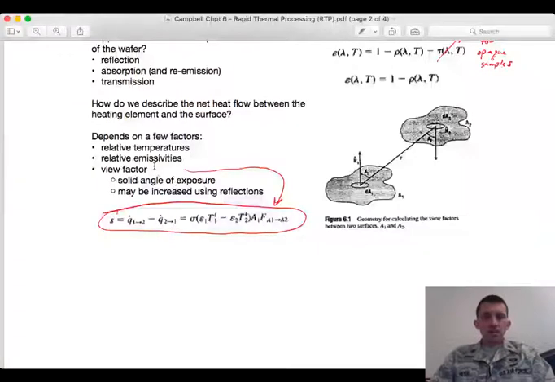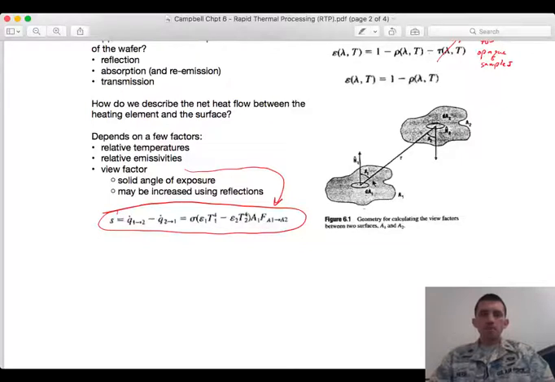And then also the areas involved and the view factor. What I mean by view factor is how much area is being exposed between the two.